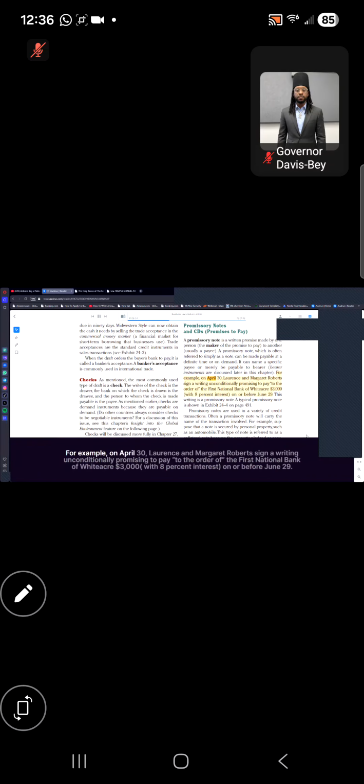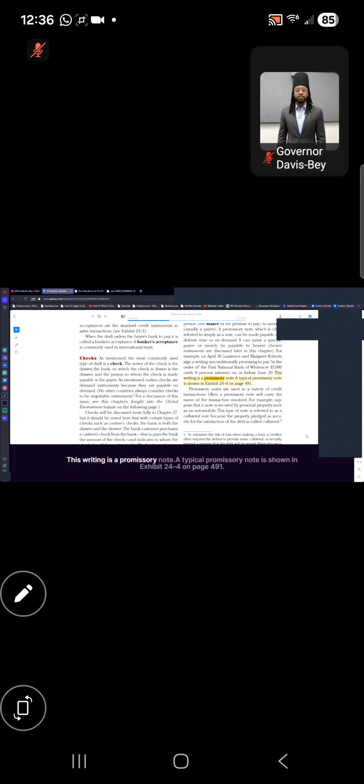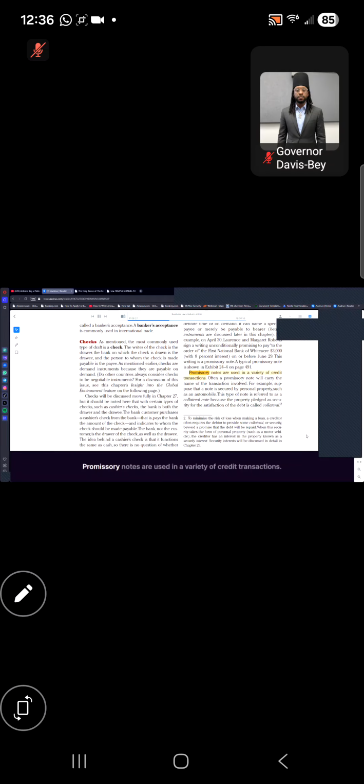For example, on April 30, Lawrence and Margaret Roberts sign a writing unconditionally promising to pay to the order of the First National Bank of Whitaker $3,000, with 8% interest, on or before June 29. This writing is a promissory note. A typical promissory note is shown in Exhibit 24-4 on page 491.